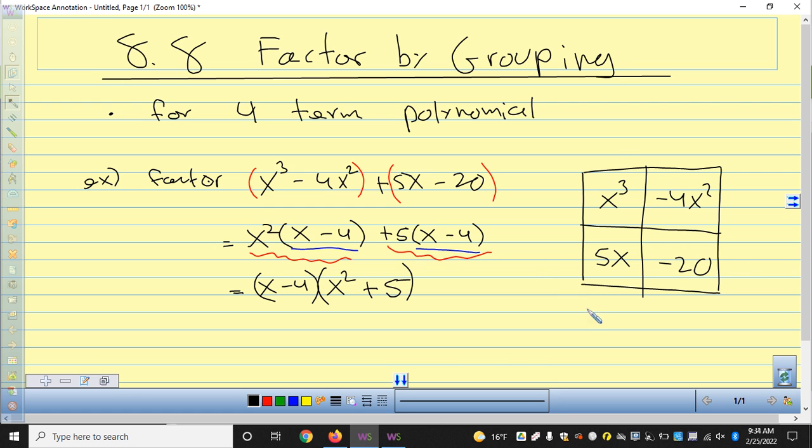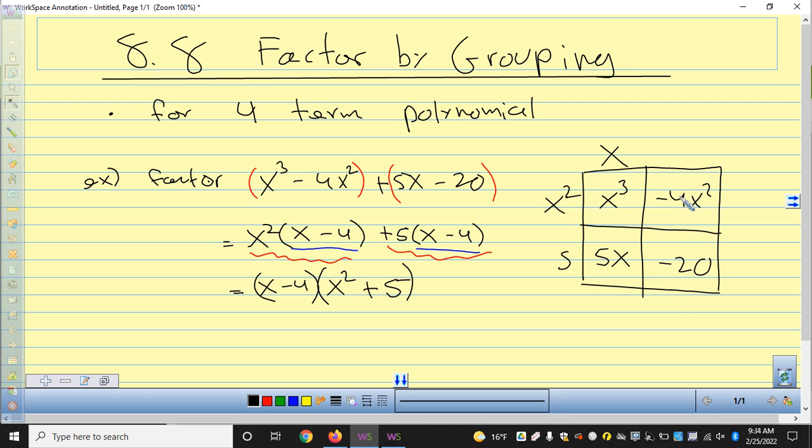row and each column. So what's the biggest number that goes into 5 and 20? 5. The smallest power of x in both of these? X squared. Biggest number that goes into both 5 and 1 is just 1. The smallest x that's in both of these is 1x.